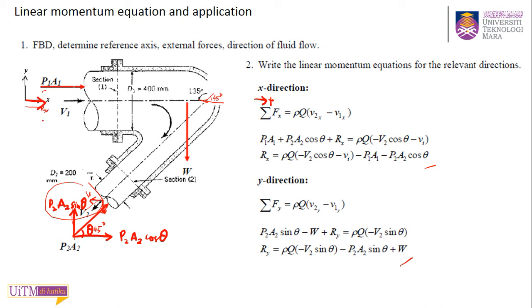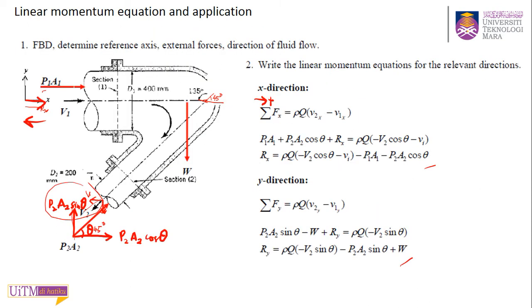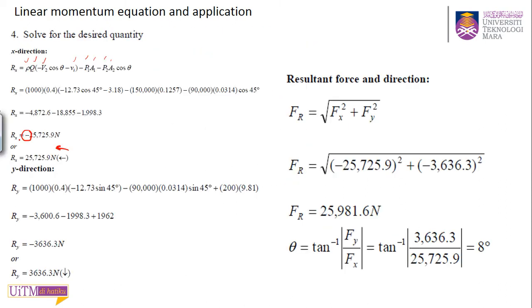It should be to the left. That's why you can write your answer like this, 25,725.9 Newton. Just put in bracket the direction should be to the left, opposite to what you assumed first. You assumed first the reference axis, to the right is positive. So don't worry about the negative sign if you get negative.